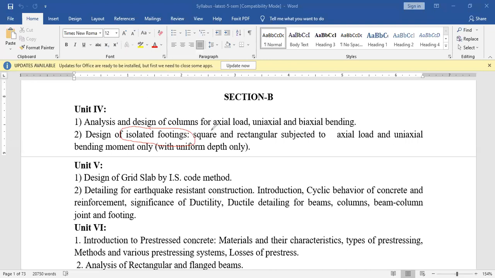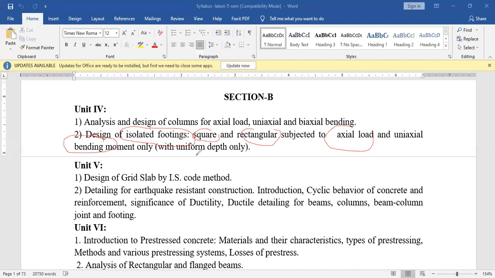Now in isolated, there are again two types, like square as well as rectangular. So square footing as well as rectangular footing, again axial loading pattern as well as uniaxial bending moment only. So as I said, how that particular uniaxial bending may occur is because of certain eccentricity.